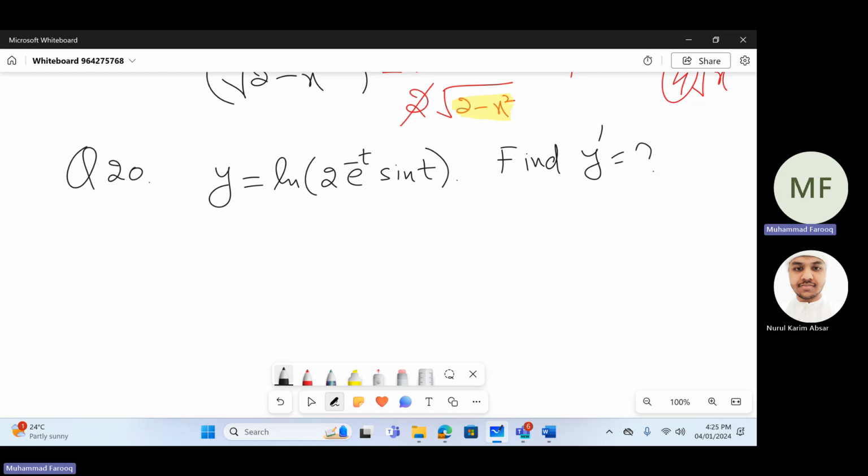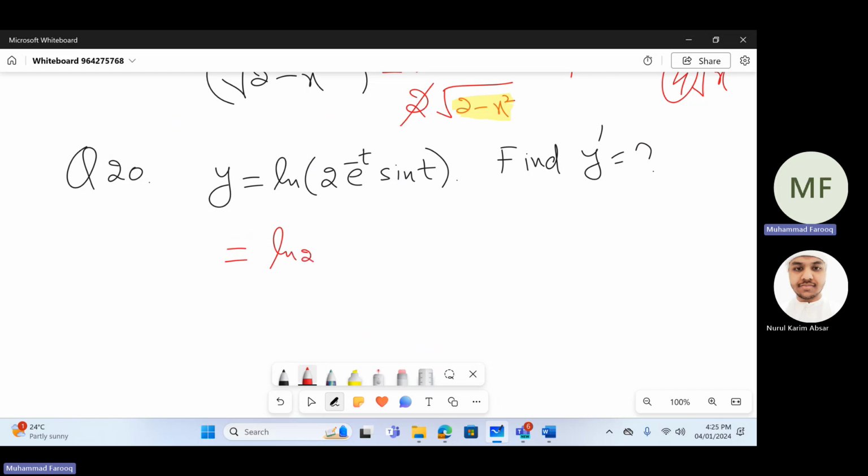Now I think it's very easy because you can see this is the argument, since the function is natural log. All the factors are multiplying, so before starting differentiation, please simplify.